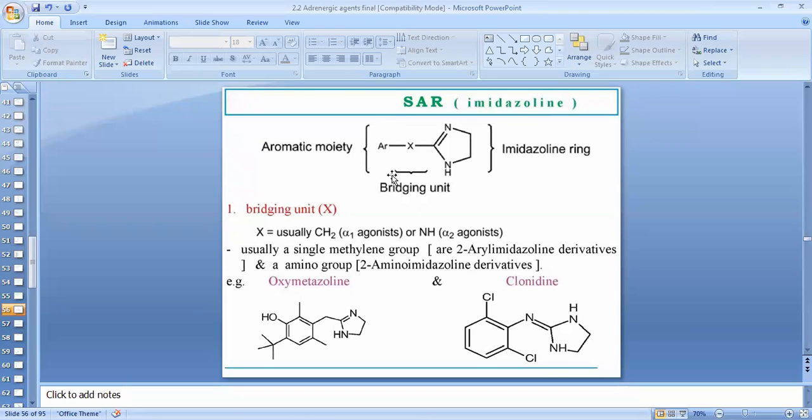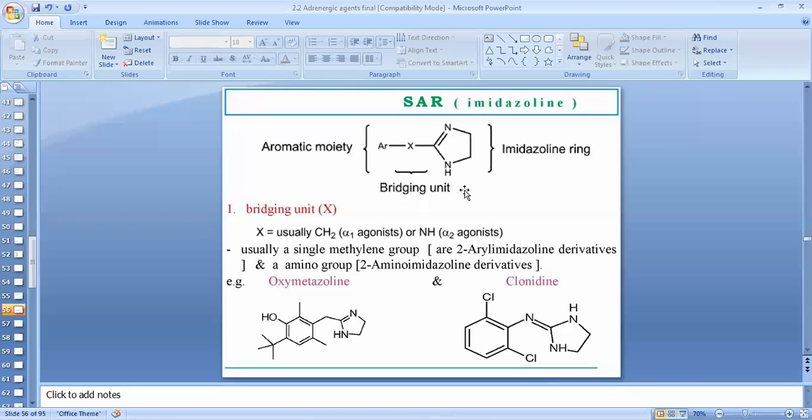Now an aromatic moiety must be there. Then this X is nothing but a bridging unit between the imidazoline ring and the aromatic ring. What is the significance of this bridging unit in the adrenergic receptor?